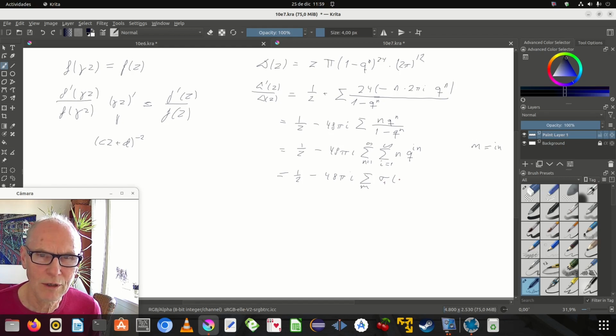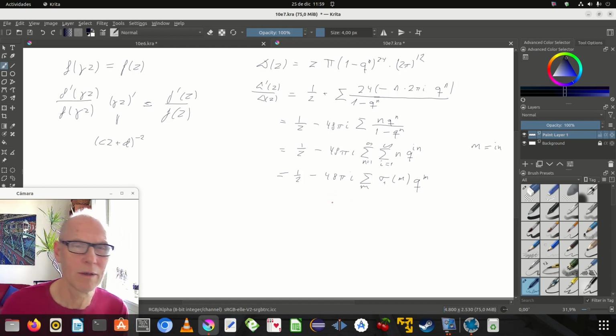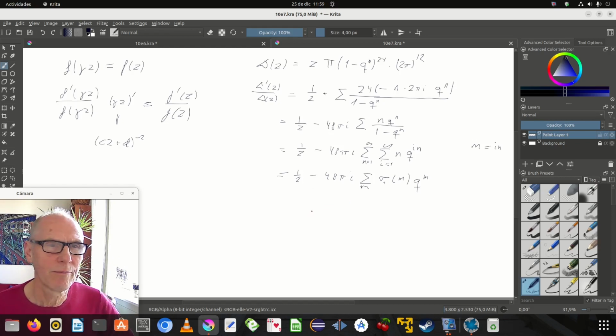Sigma 1 of m q to m. And we have been through this before, that this is 24 times this is minus E2, and then the unity, which will cancel out. So we are basically through now.